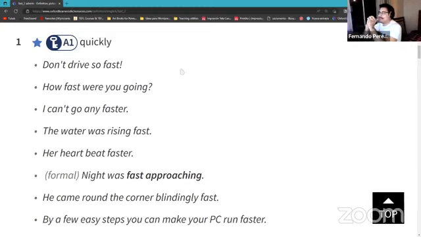Because it's very common to hear, I want to remember a mistake. Students say, you are very quickly. You are very quickly. And it's like, what's the mistake there?